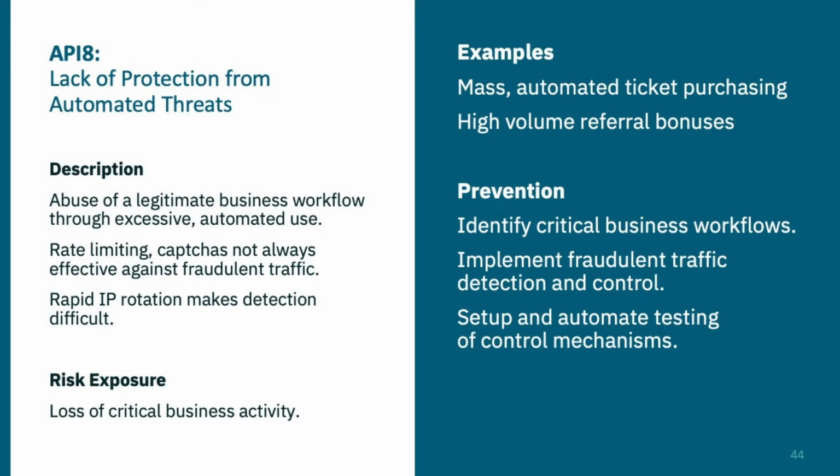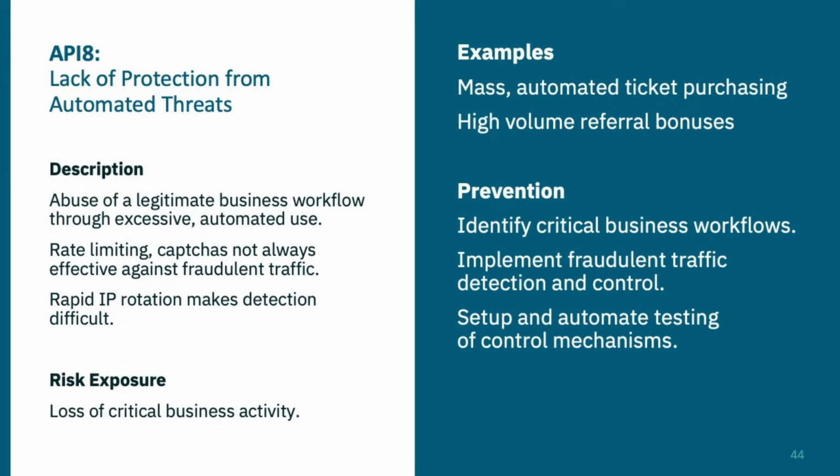Some of the examples are mass automated ticket purchasing. We see this all the time, where you log in to purchase tickets and within 10 seconds they're all gone. Right? That's a high volume abuse of that particular resource that really should be prevented by the application itself.